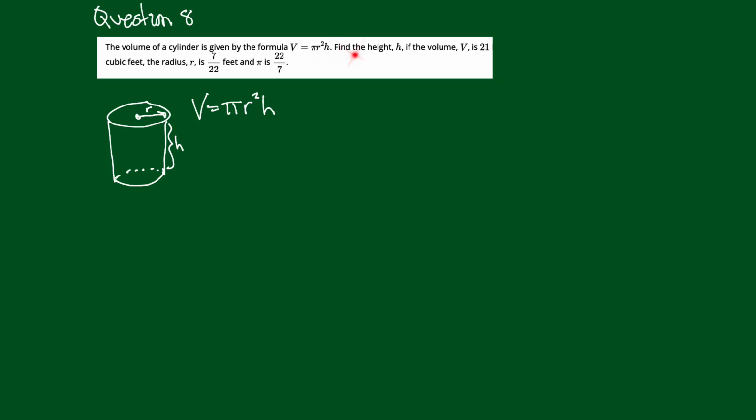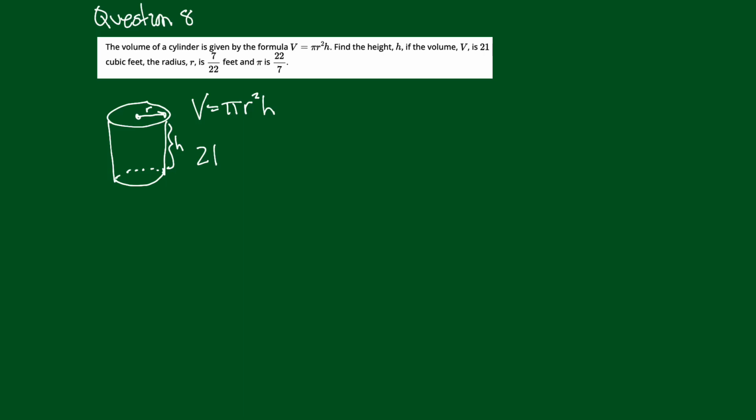So that's the formula for the volume of a cylinder. Now what we want to do is find the height if the volume is 21 cubic feet and the radius is 7 over 22 feet, and pi we're going to use as 22/7, which is about 3.14. So let's substitute. Now we're given that V is equal to 21. I'm not going to write the units here.